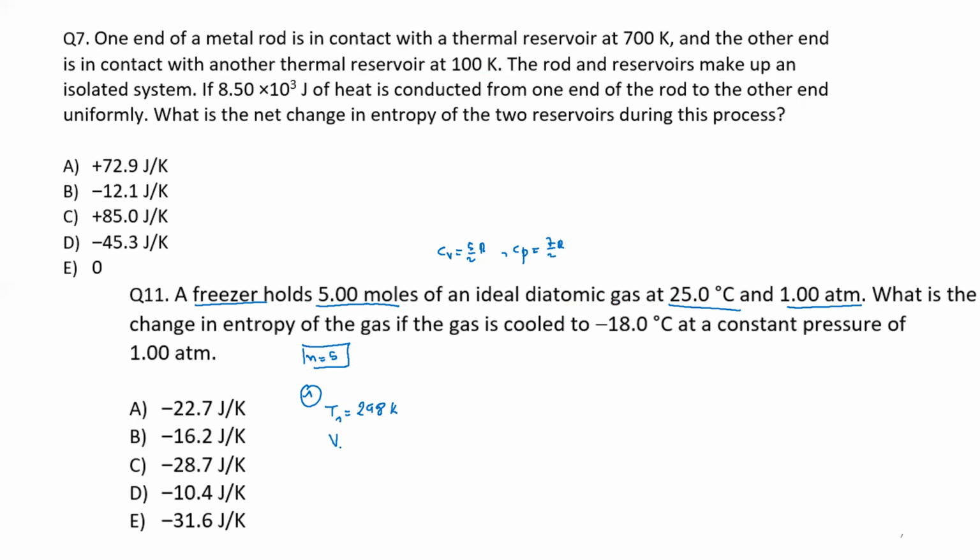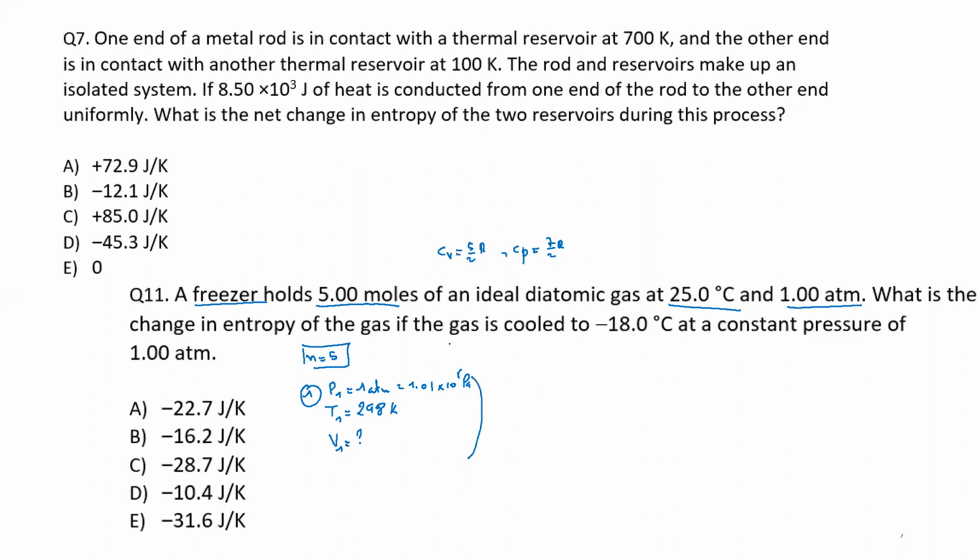And what is the volume? I did not talk about the volume, but you will see. And then I know the pressure. This pressure P1 is 1 atmosphere, which is 1.01 × 10^5 Pascal. Now the question is, so this is my state number 1.